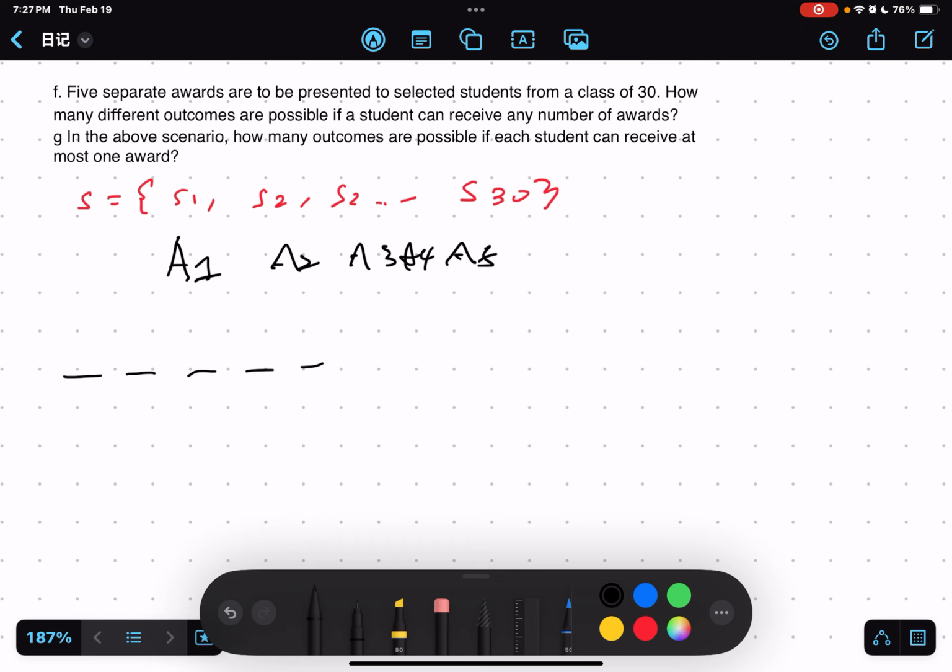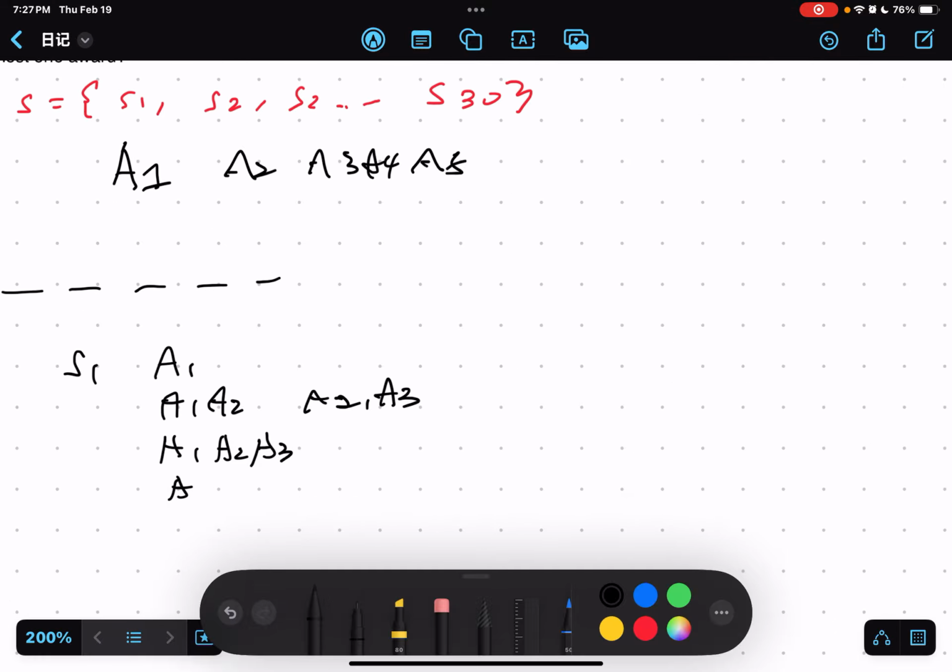So any number of awards means that S1 can choose award 1, or awards 1 and 2, or awards 1, 2, 3, or awards 1, 2, 3, 4, or awards 1, 2, 3, 4, 5.